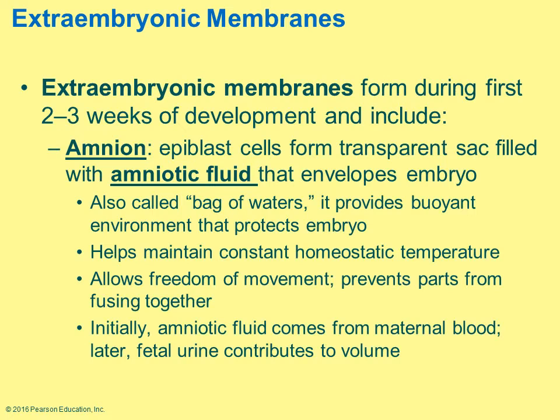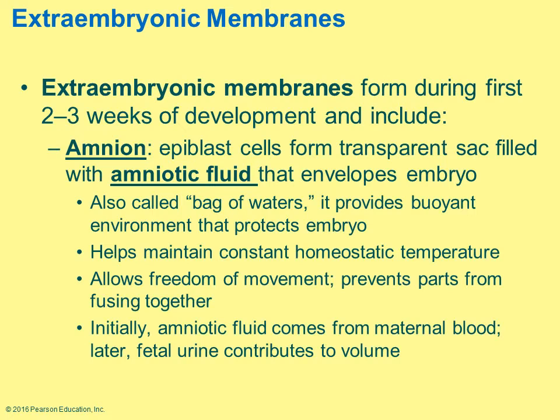This is going to include the amnion. These cells will form the sac that is going to be filled with the amniotic fluid that helps to surround the developing embryo. This is what you often refer to as the bag of water. It helps to protect that developing embryo. It keeps it in a very stable, buoyant type of environment.